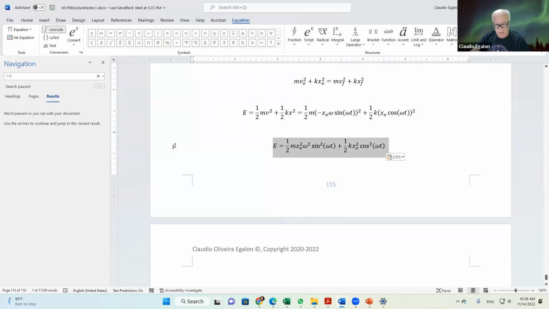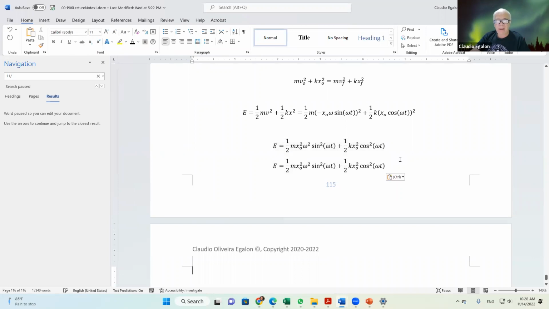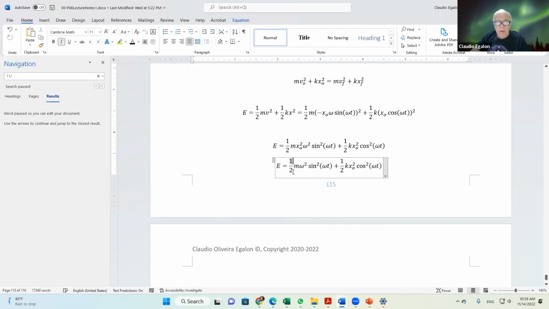What else? There's one more thing, a very interesting result. Okay, I'm going to put this in evidence, right? I can put the X naught squared in evidence because I have X naught squared on both terms, both here and here, right?